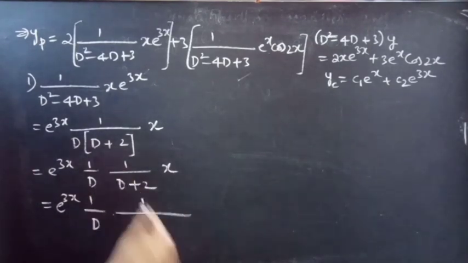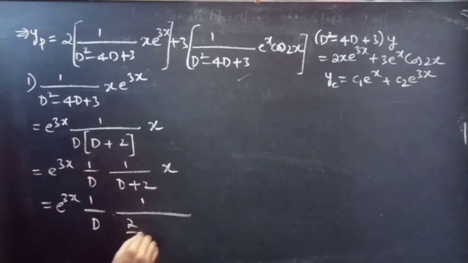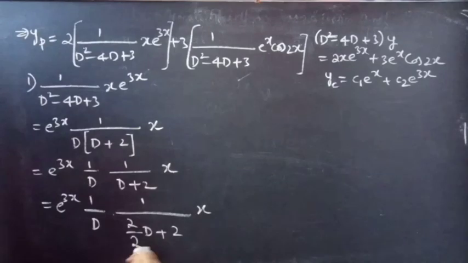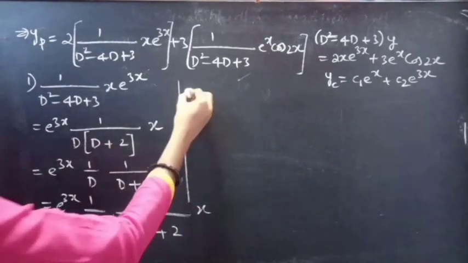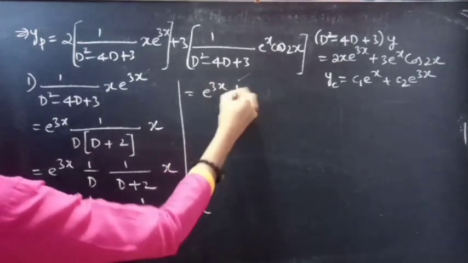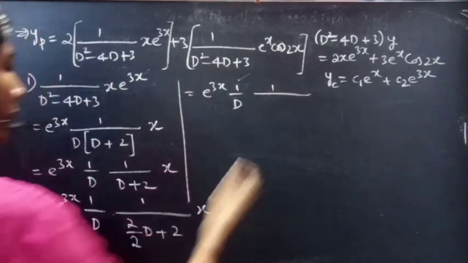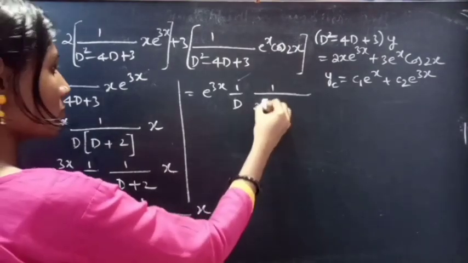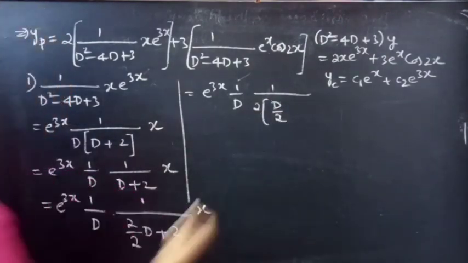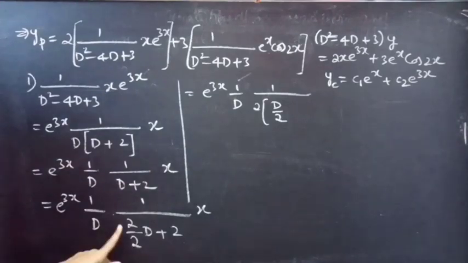Since this D has no 2, we'll multiply and divide 2 to this D, so that it will be easy to take 2 common in the next step.